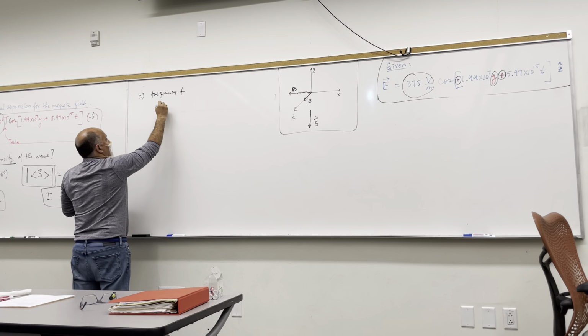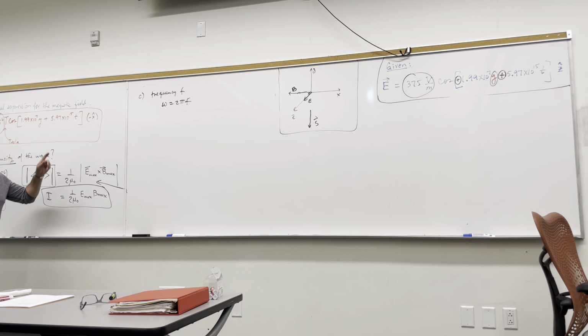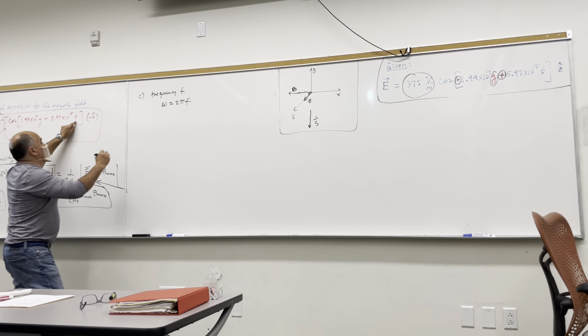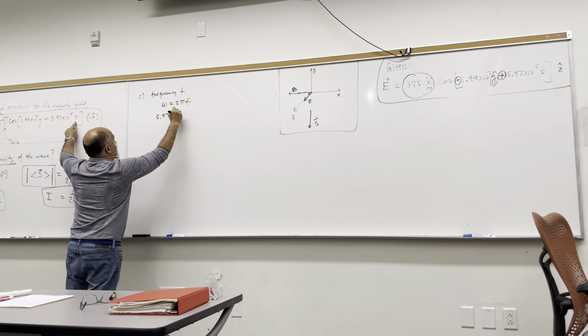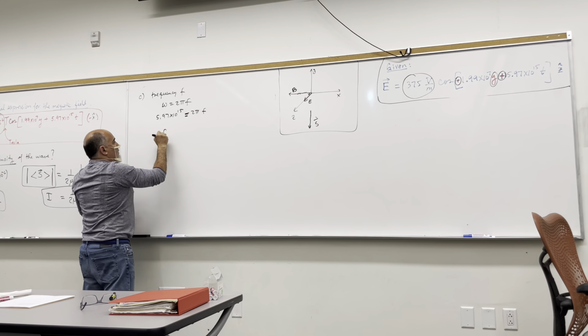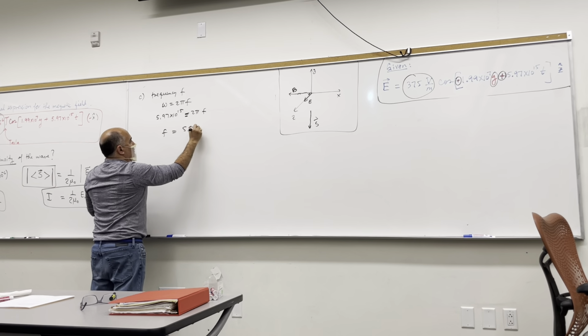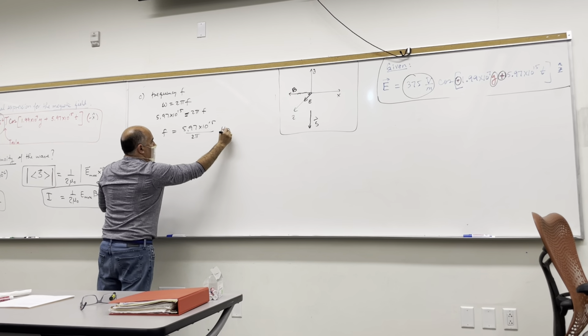Well, omega is 2 pi f. What's omega? Can you read off the value of omega from here? 5.97 times 10 to the 15th. It's the multiple of t. That's right. That equals 2 pi f. So the frequency will be 5.97 times 10 to the 15th divided by 2 pi, and whatever you get, that'll be in hertz.